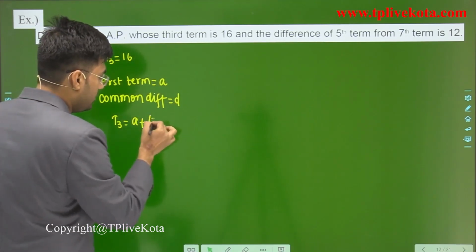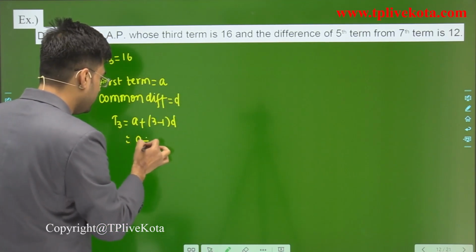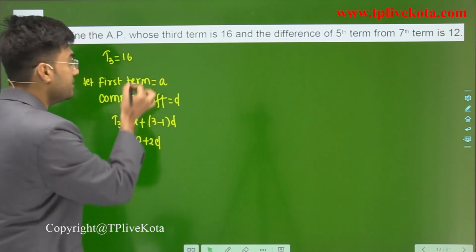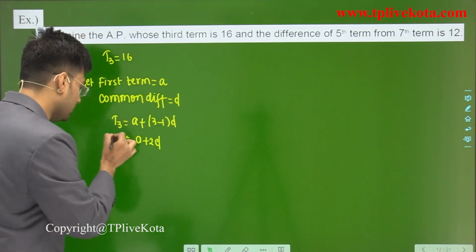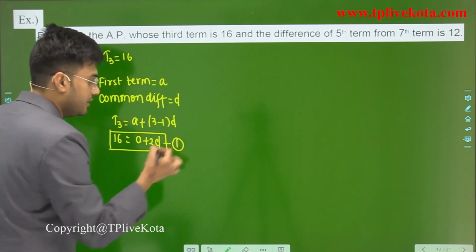So it is A plus 2D, and it is given that T3 is equal to 16. This is the first equation here.